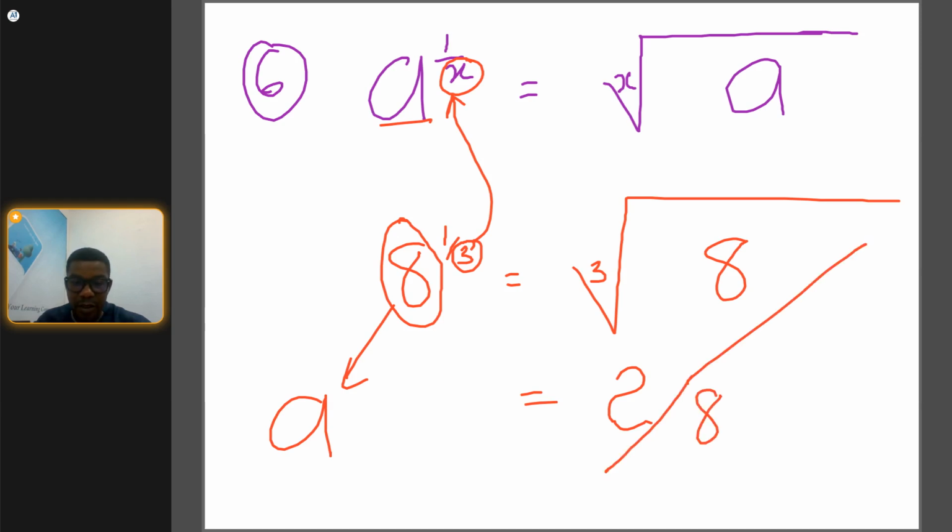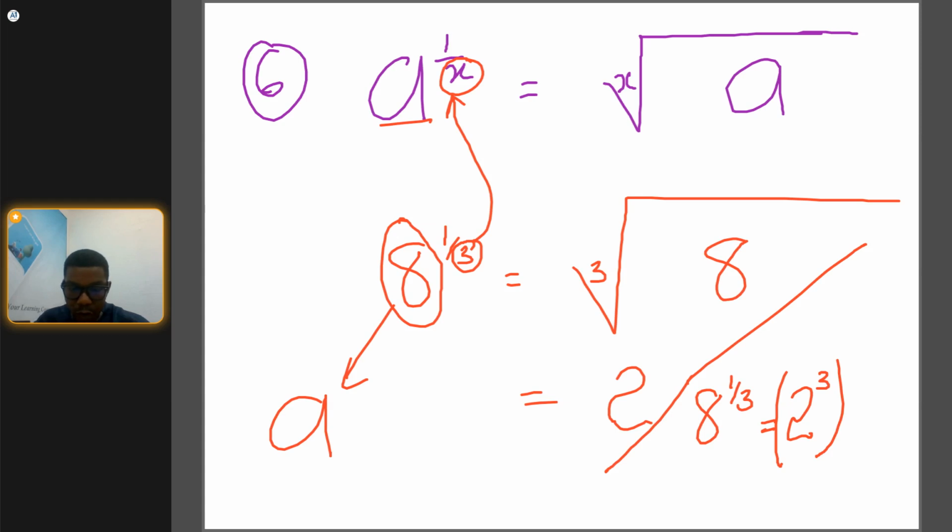I will say 8 raised to power 1 over 3. Let me present 8 as an indexed form. 8 also is the same thing as 2 raised to the power of 3. Do you agree with me? Because 2 raised to the power 3 will give me 8. I will open the bracket and close the bracket.